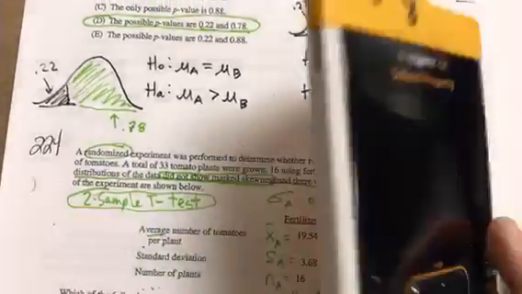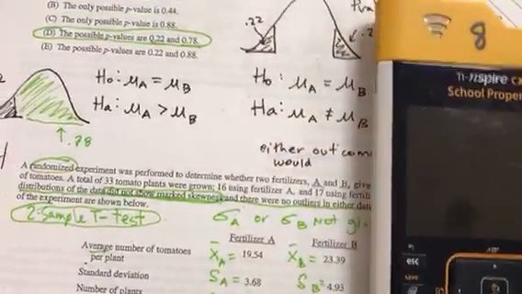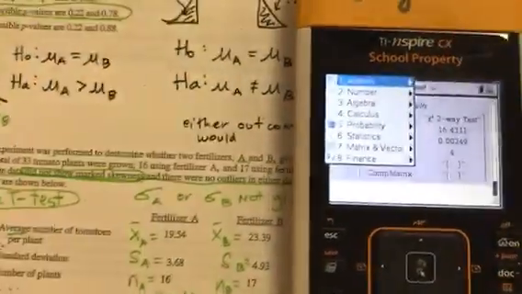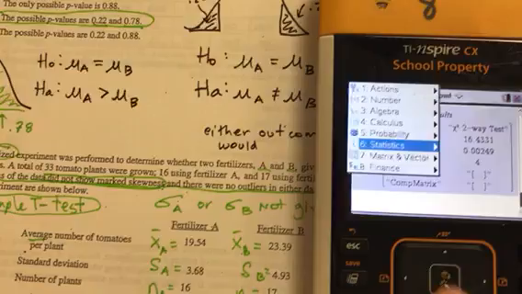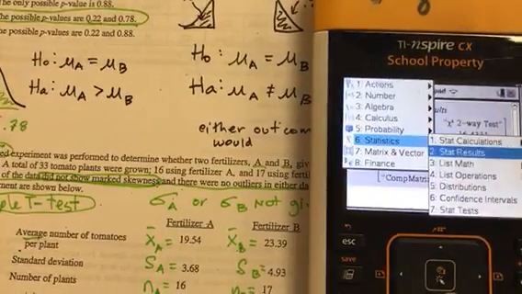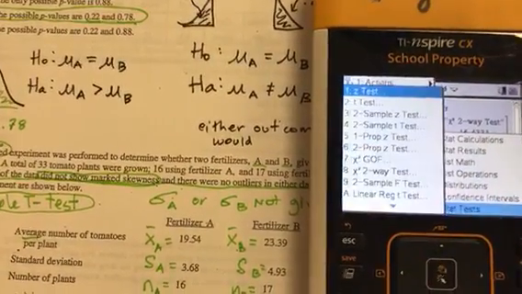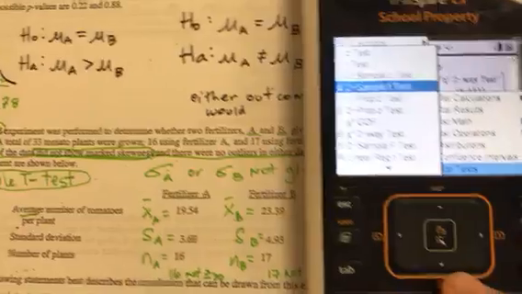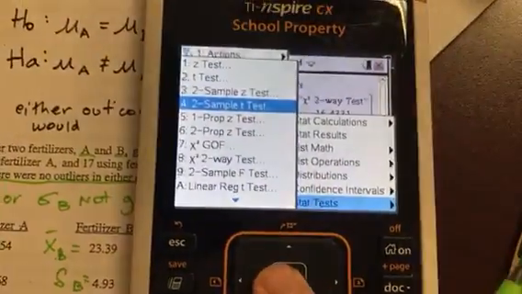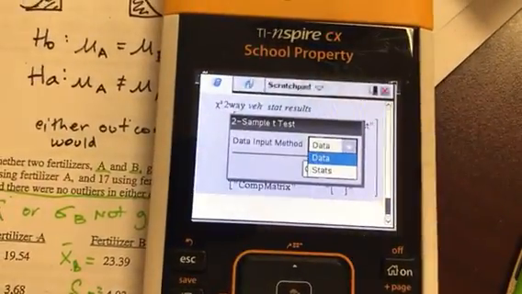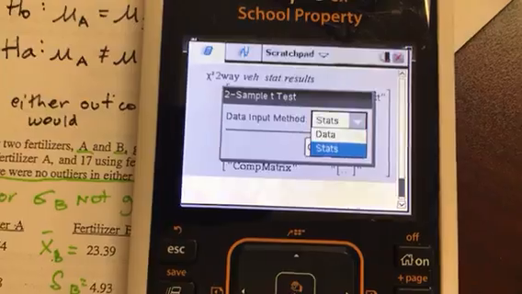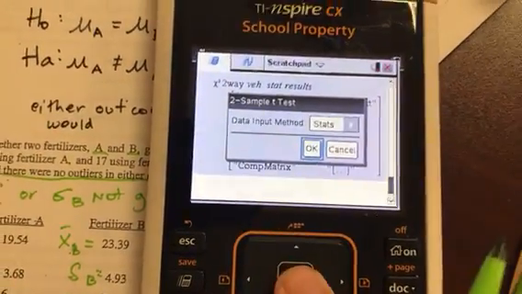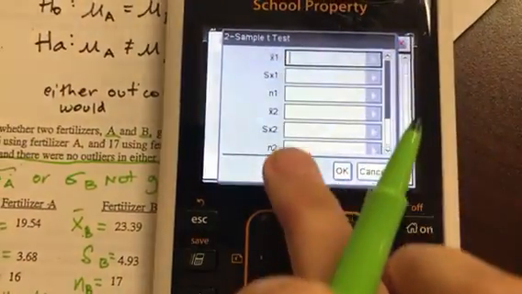So now I'm going to take my fancy calculator, and the nice thing is you get a reassurance that you picked the right test, because when I get to a two-sample t-test, and they did give us all the statistics, so that is our input method. And notice everything we've listed here was given to us.